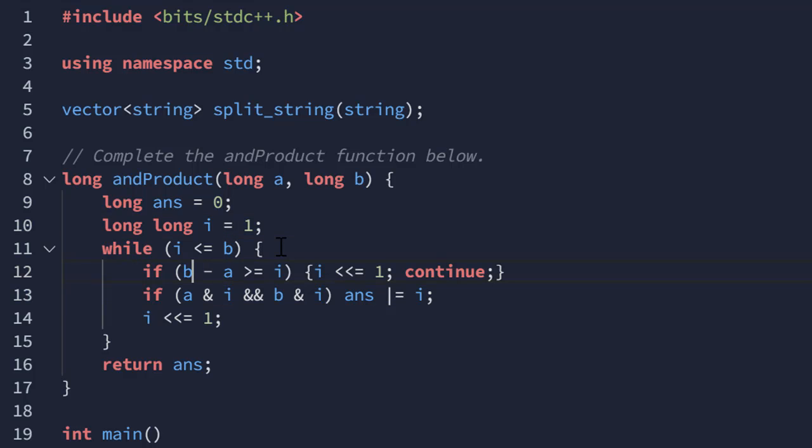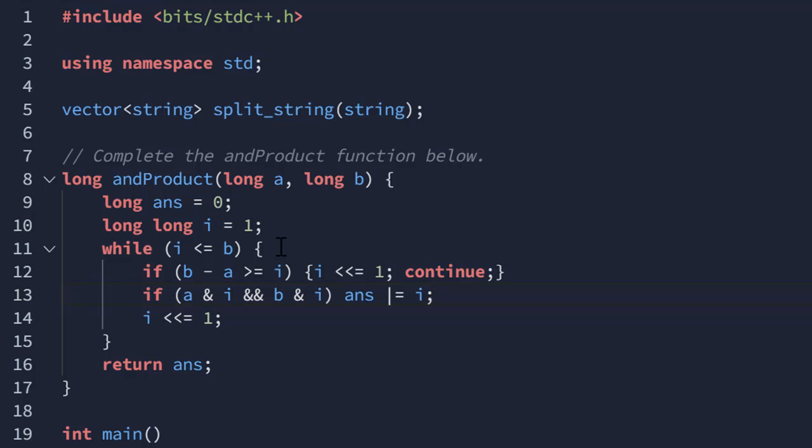But if it is possible that that bit can remain on during the entire range, we just have to ask if it is on in the lower bound and if it is on in the upper bound. If this condition is fulfilled, then we just turn on that bit, and that's it.